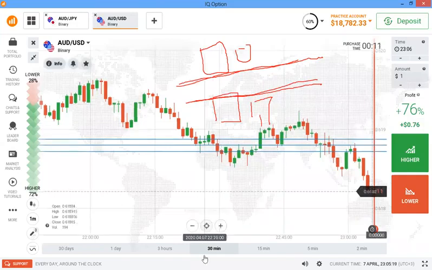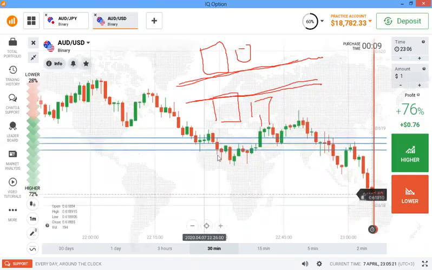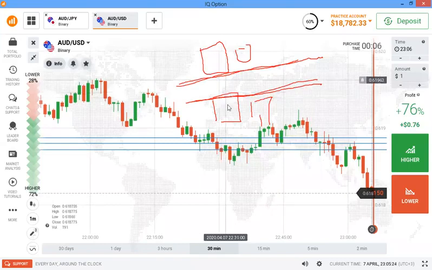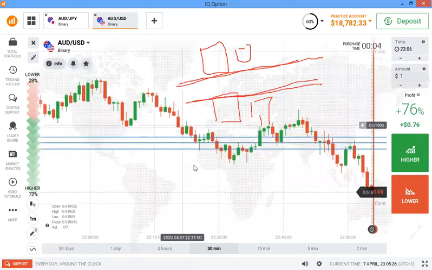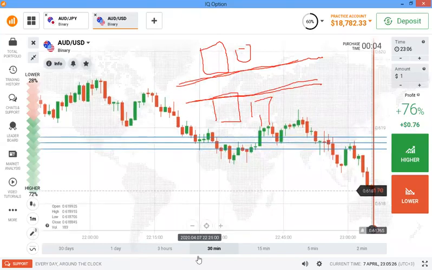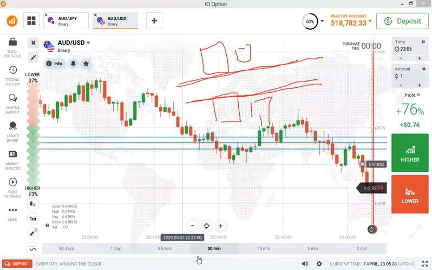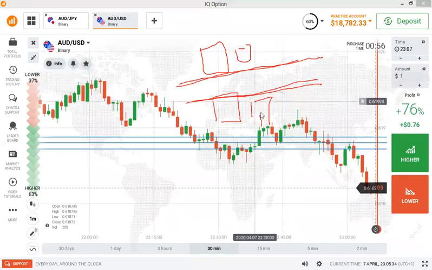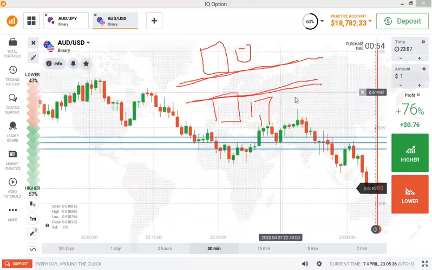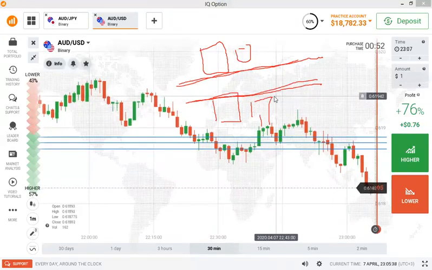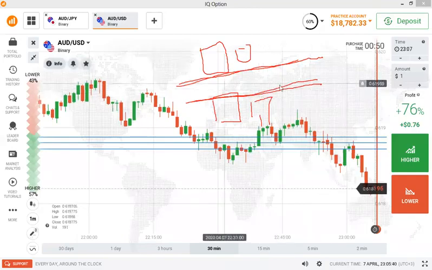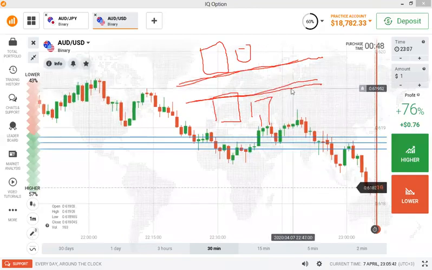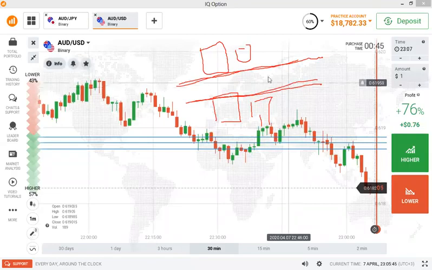It should be at the same level. Not only one turning point can act as an area. So you look for another turning point on the same level to act as an area.